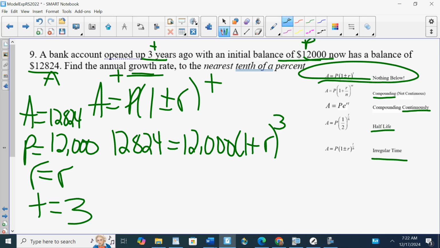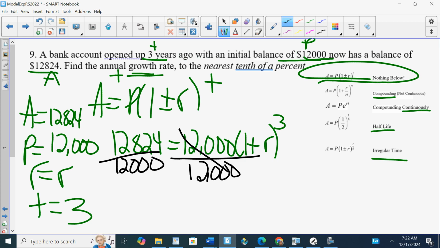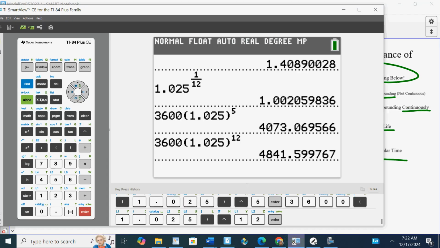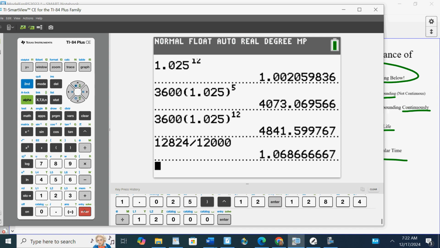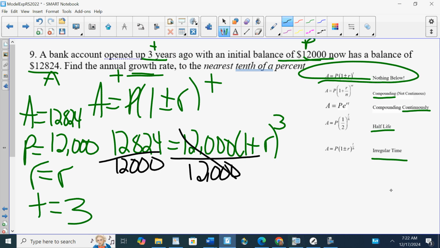Now I have to solve this equation. I isolate, I divide both sides by 12,000. I have 12,824 divided by 12,000. I've got 1.068 equals 1 plus r to the power of 3.